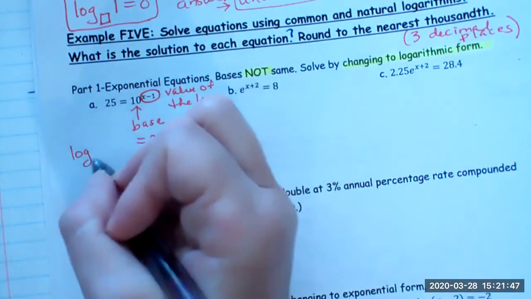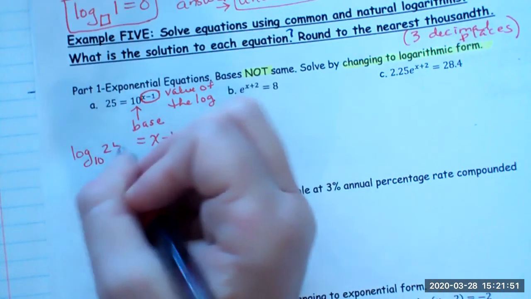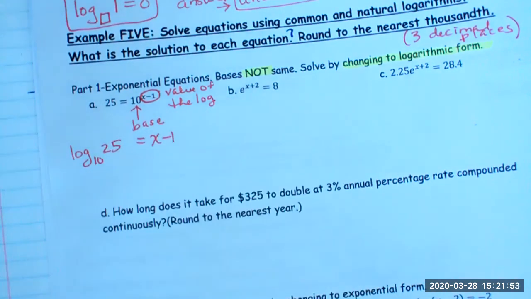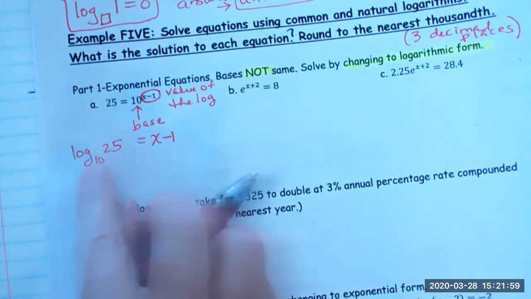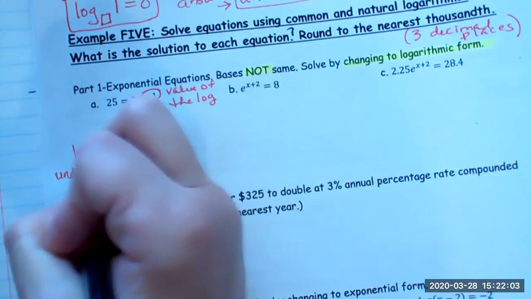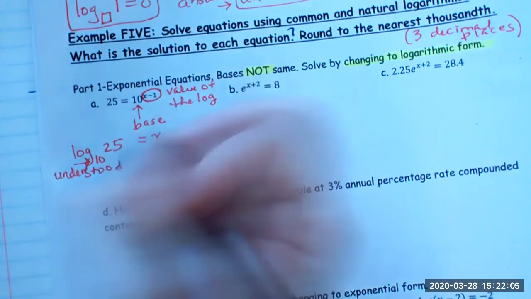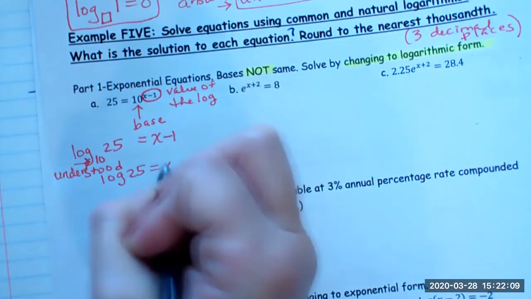My base is 10, and the other number that's left is the 25. So now I've written this in logarithmic form. The left side might look a little bit ugly, but I want to remember that base 10 is understood. So all I need to do is rewrite this as log 25 equals x minus 1.